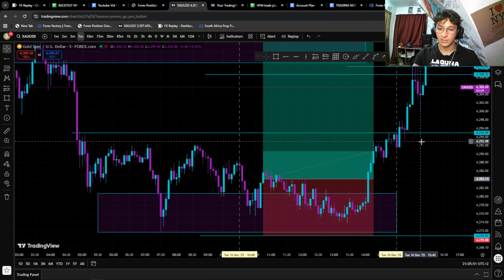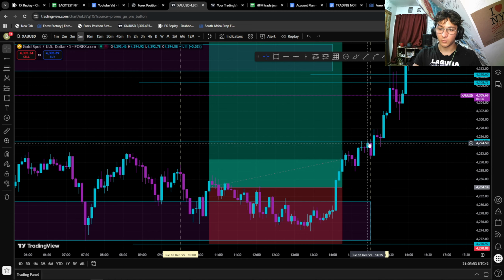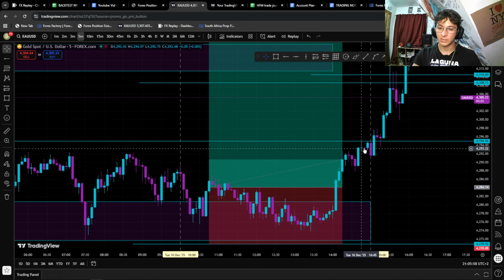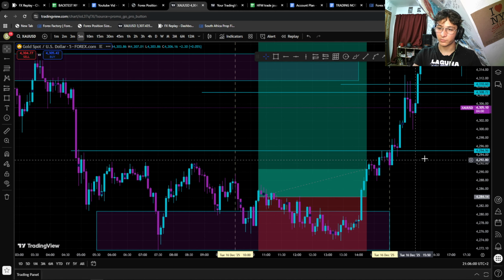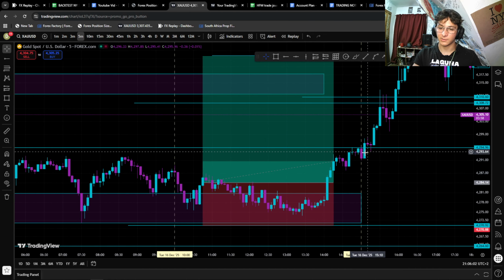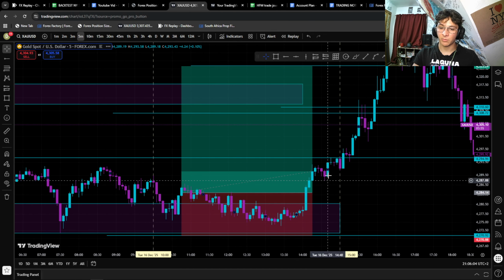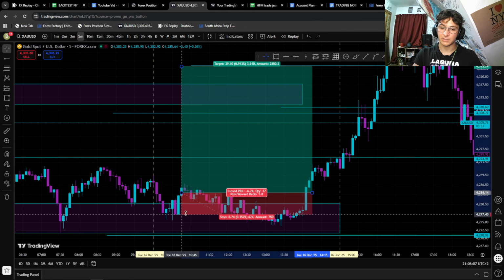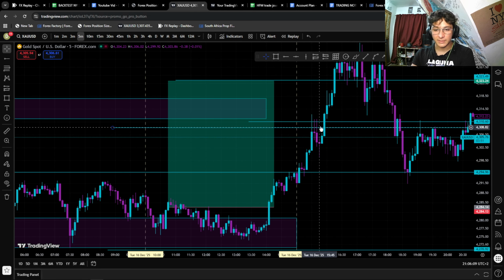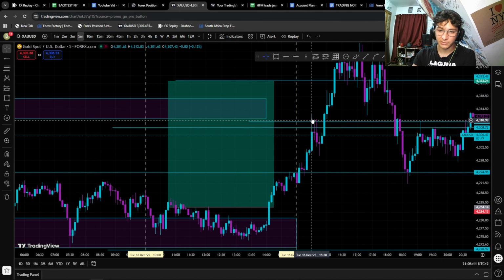And as you can see, we closed right here just before the New York session closed, because of our rules to close before the session ends, and we took out half of our position here, and then we moved stop loss up to break even like this. Then later on, there was high impact news right here at 3:30.